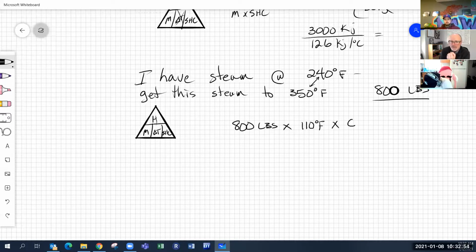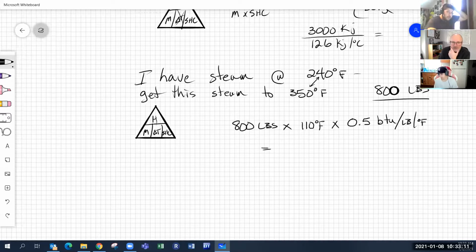And steam is 0.5 BTUs per pound per degree Fahrenheit. 44,000 BTU. That is correct. 44,000 BTUs it takes to heat that steam a little hotter, right? So we get nice hot steam then.